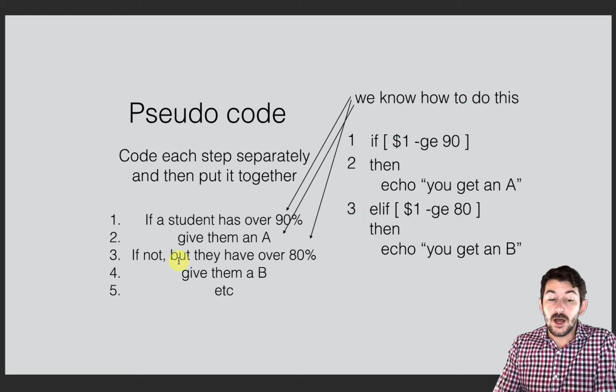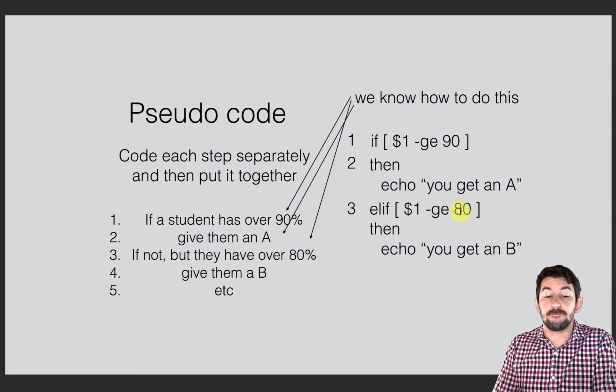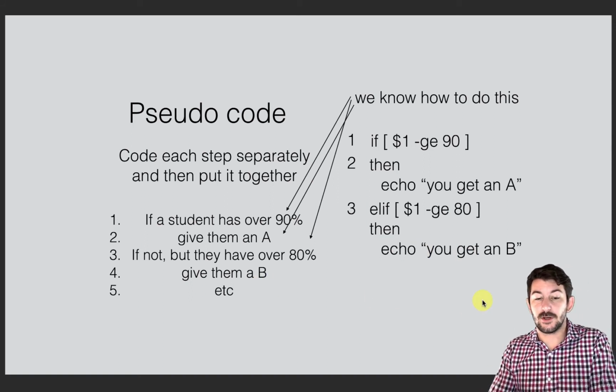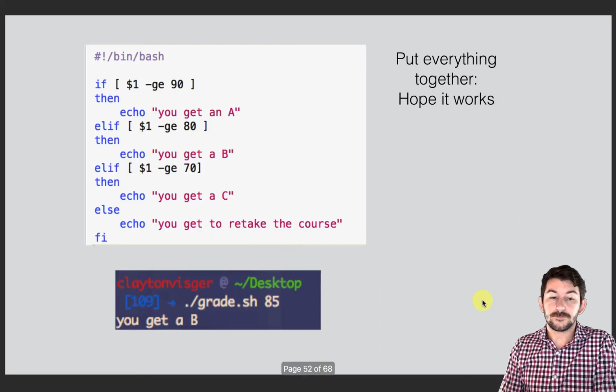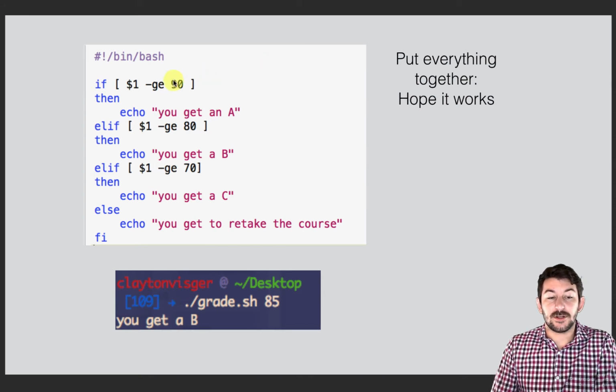So if not, but they have over 80%, well, that's the same as saying else if your variable is greater than or equal to 80, then you get a B for this last one, okay? And so we've already put together the code that you would need to adapt for this string of pseudocode. And here's what it looks like, just so I don't go back and type it all in right now.